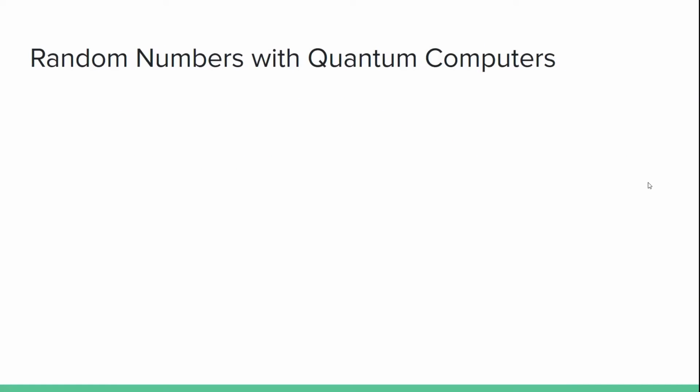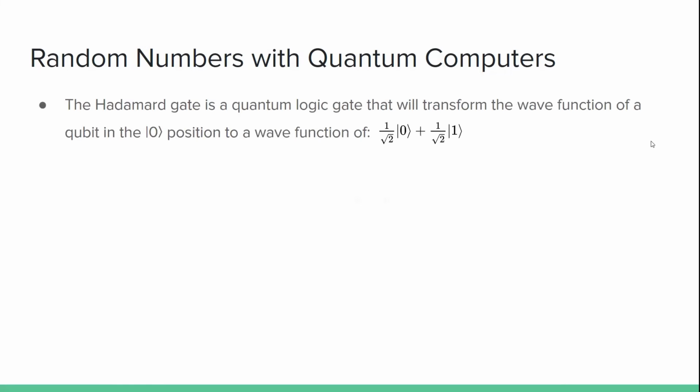So now we know how quantum computers work. How do we generate random numbers with them? Just like normal computers have logic gates, quantum computers have their own kind of logic gates called quantum logic gates. One of these gates in particular, the Hadamard gate, transforms a wave function from the state 0 to a wave function of 1/√2 of 0 and 1.